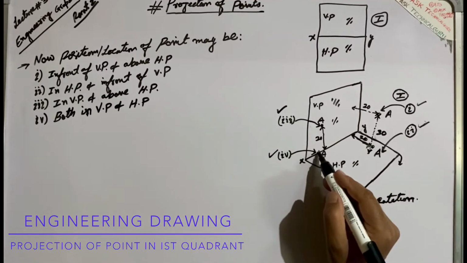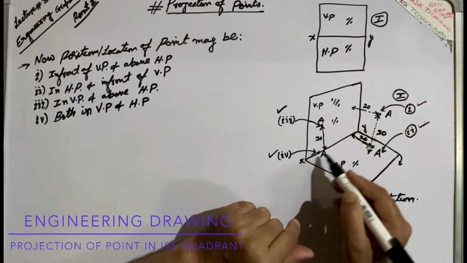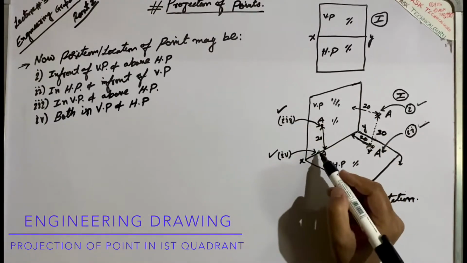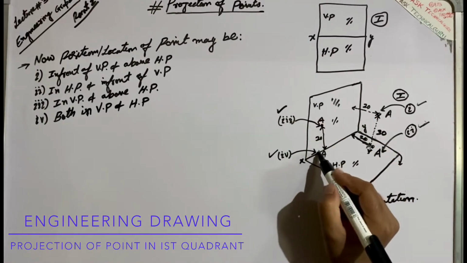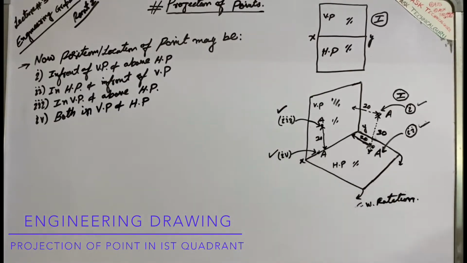Point A is both in the horizontal plane as well as in the vertical plane, because this XY line, which separates the two planes, vertical plane and horizontal plane, where these are connected to each other, is the condition where the point lies in both the planes. Have you got the point?